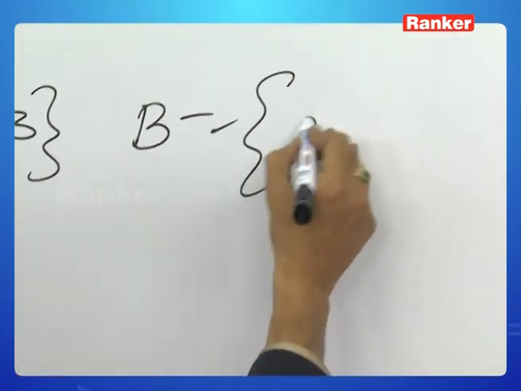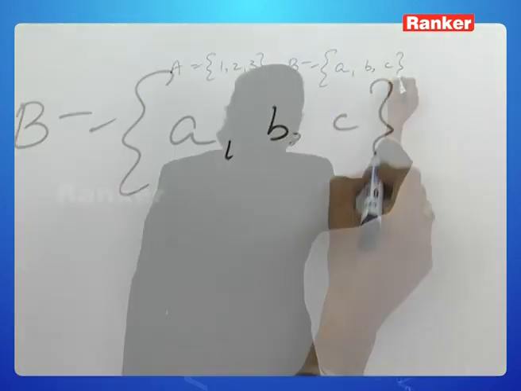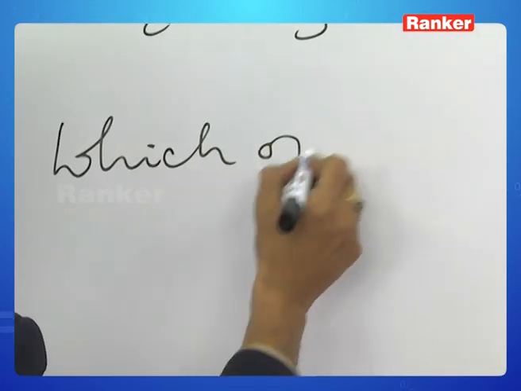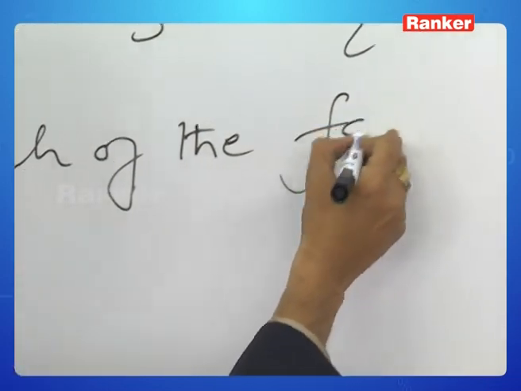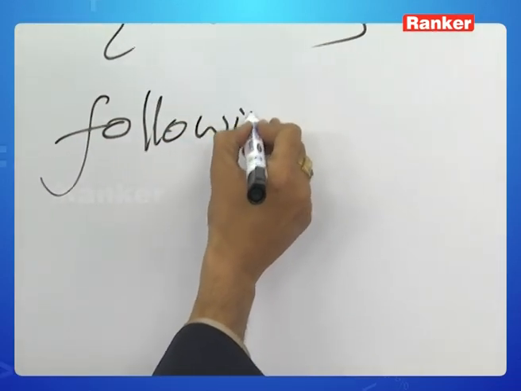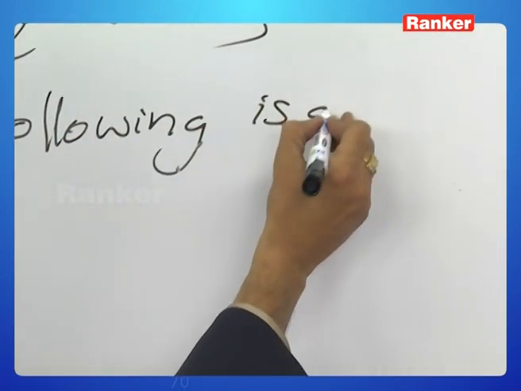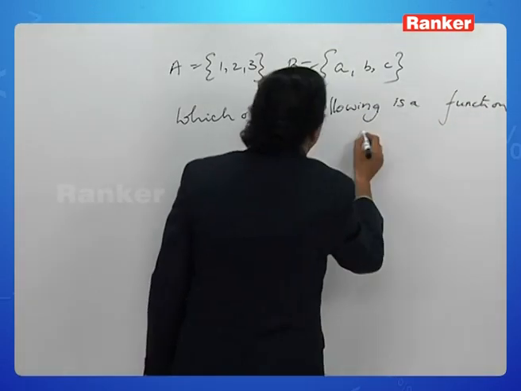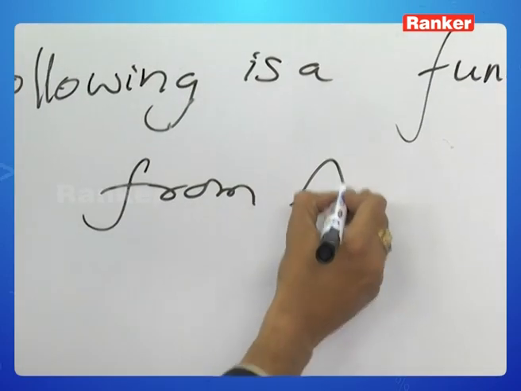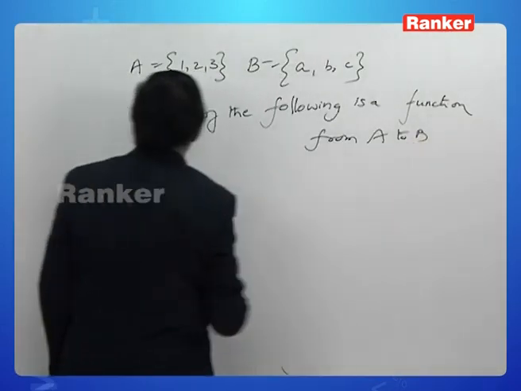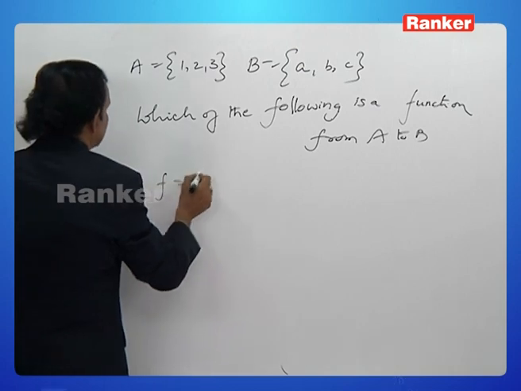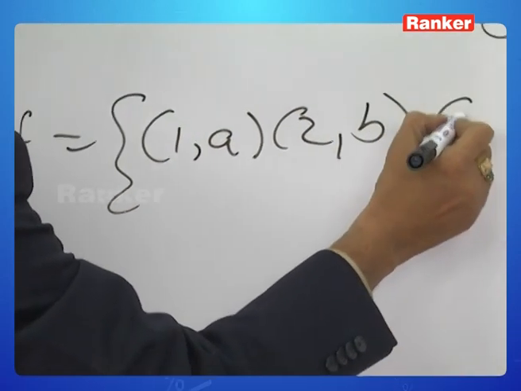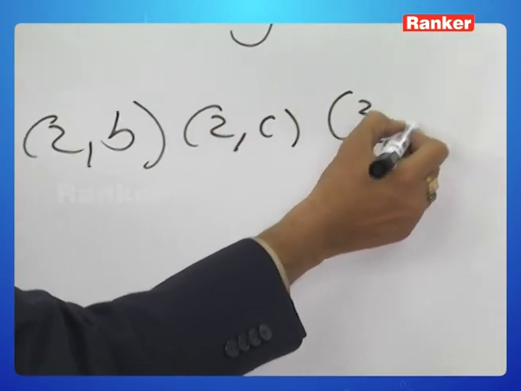B is equal to {a, b, c}. Which of the following relations is a function from A to B? First option, f is equal to {(1,a), (2,b), (2,c), (3,a)}.